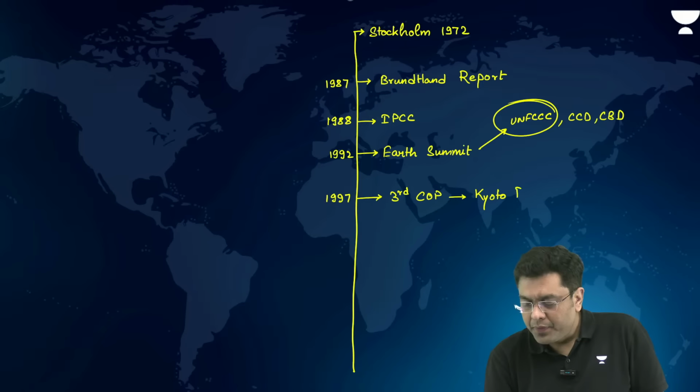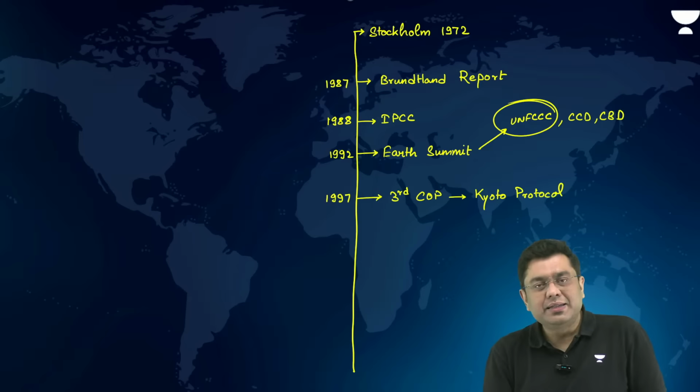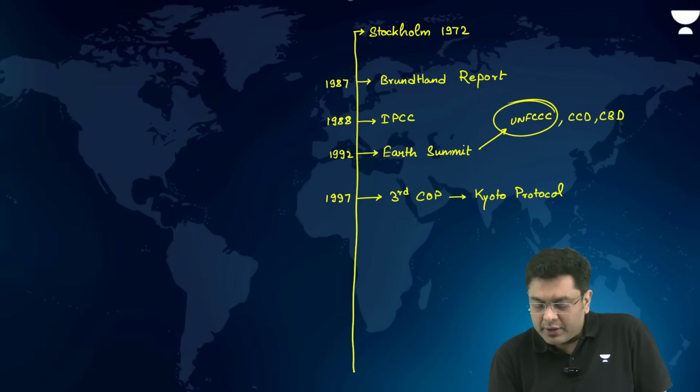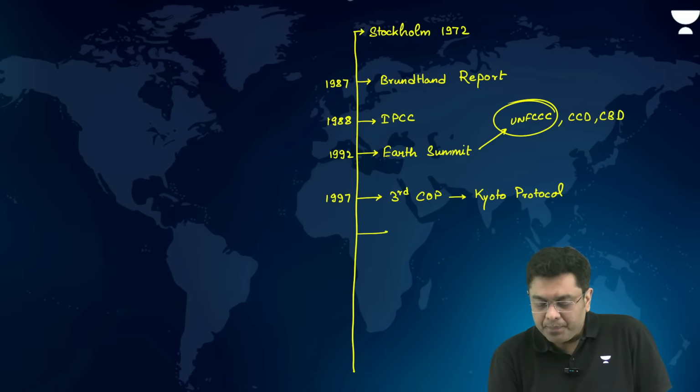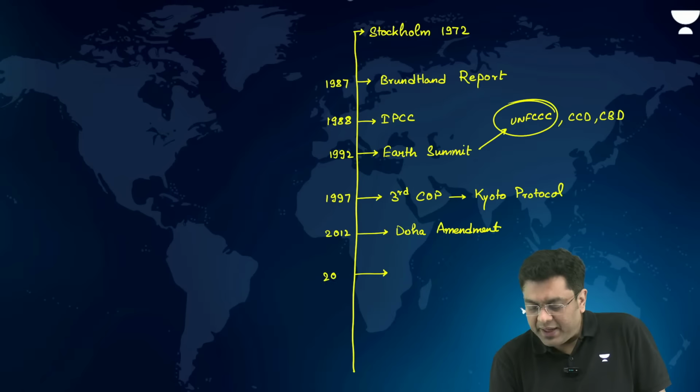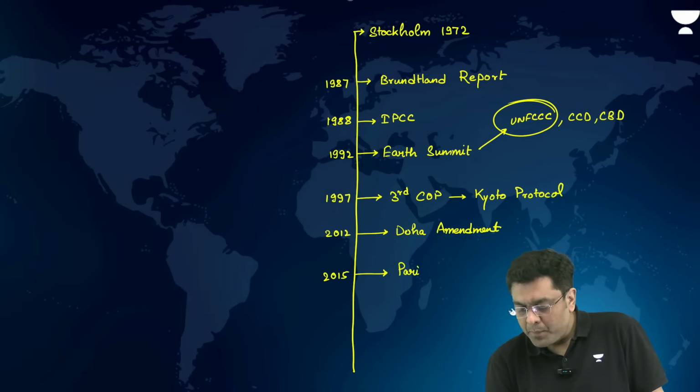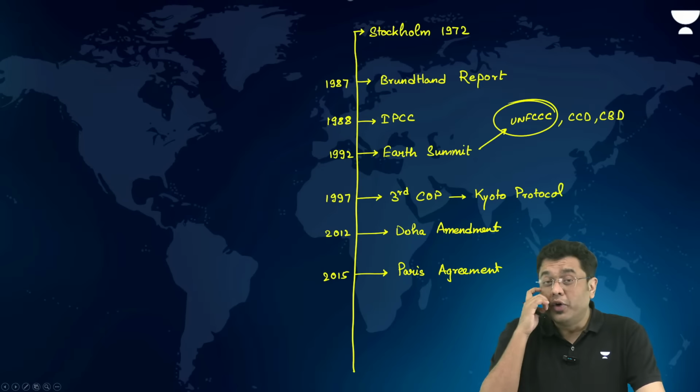Then after that, you basically have the Doha Amendment in 2012, which extended the plan period. And then after that, you basically had in 2015 the Paris Agreement. And the Conference of Parties, they keep on happening. The Conference of Party number 21 was in Paris.